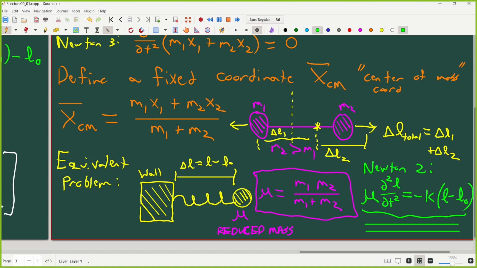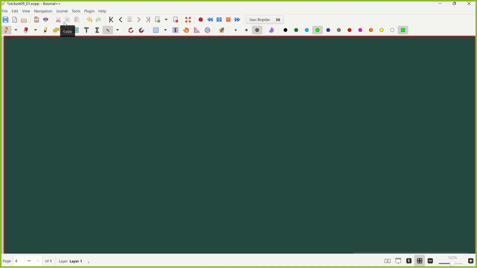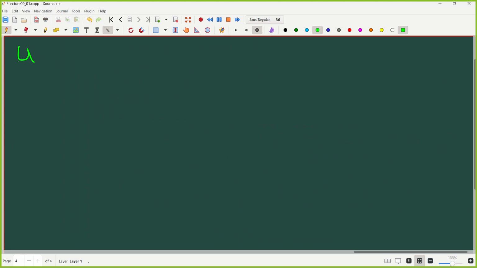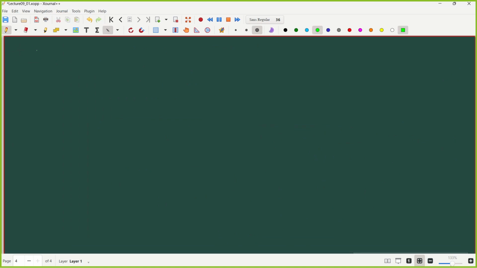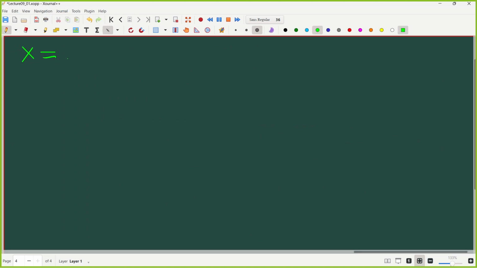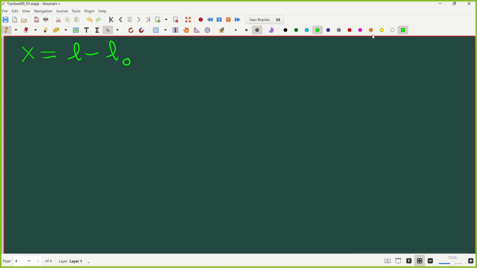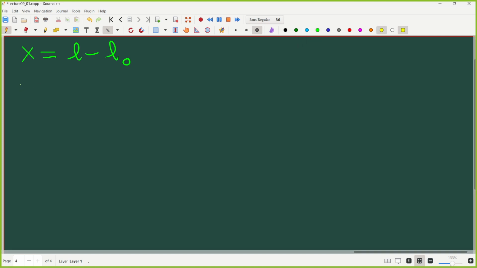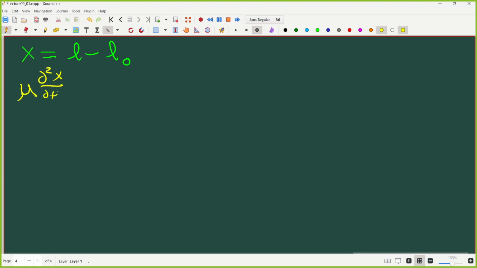Okay. So what are the solutions to this problem? I'm just going to rewrite the equation. What I'm first going to do is redefine my coordinate to x equals L minus L naught. That just makes my math easier. And I'll show you why in a second. And so my Newton's law equation is now mu times the second derivative of position with respect to time is equal to minus kx.